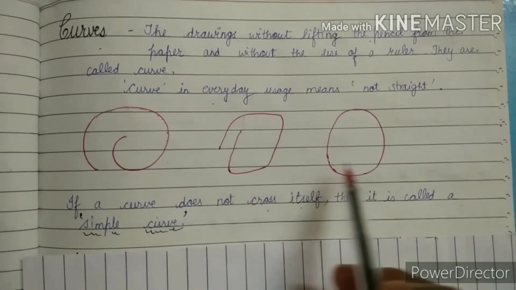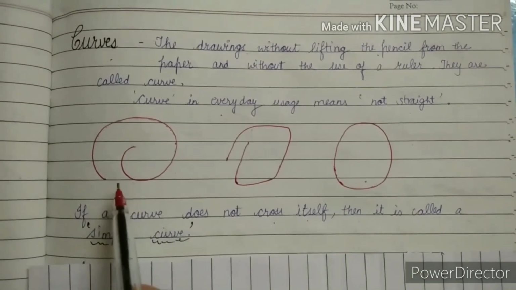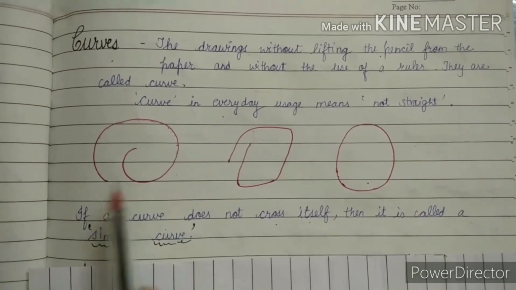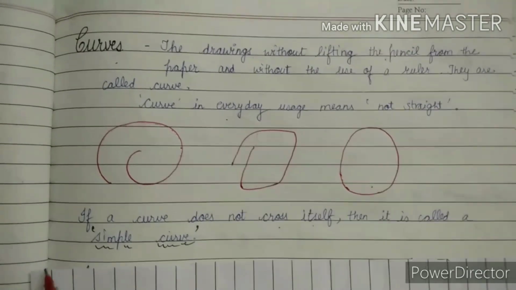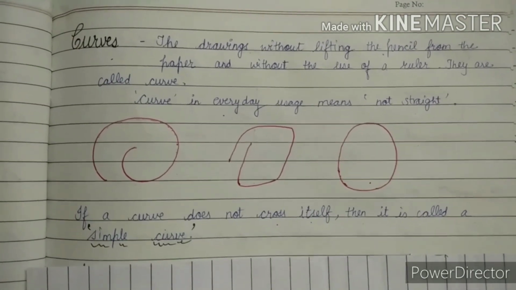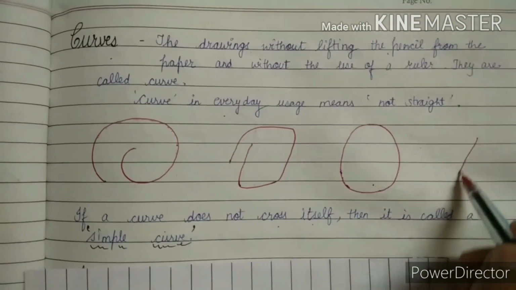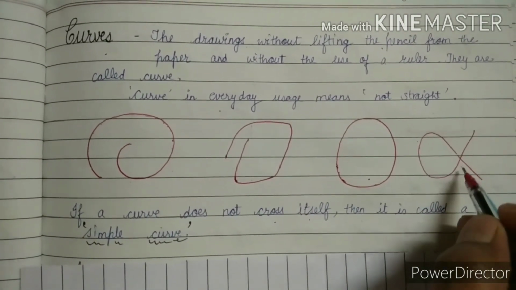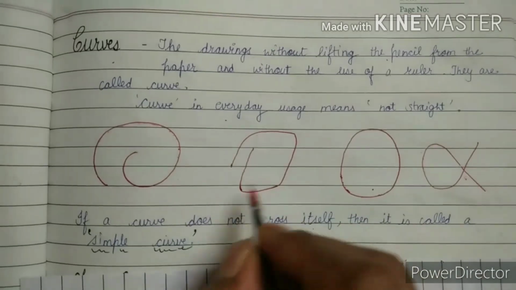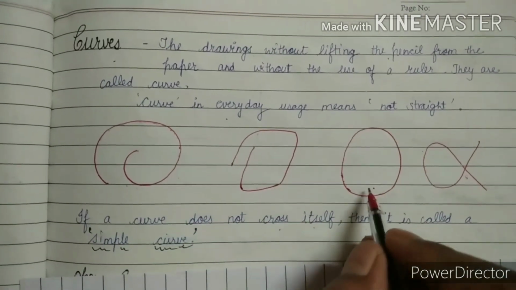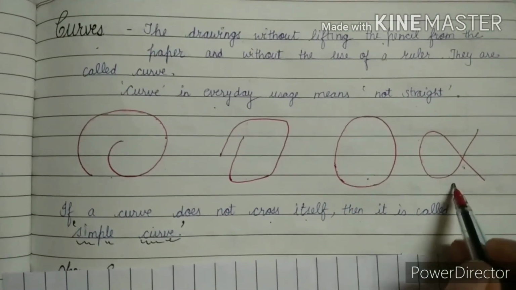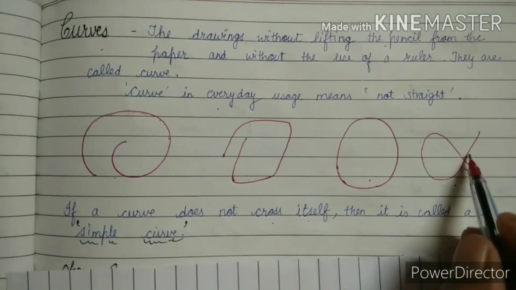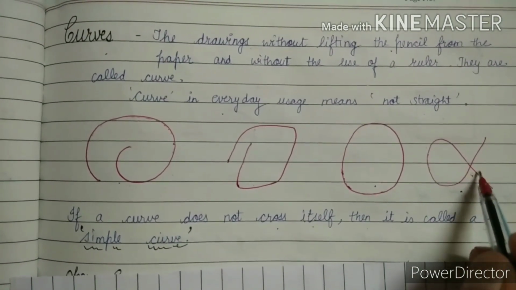So in the previous three figures, none of the lines are crossing each other, so these three figures are called simple curves. If I draw this kind of figure, the first three are simple curves, but the last is not a simple curve because its lines are intersecting.